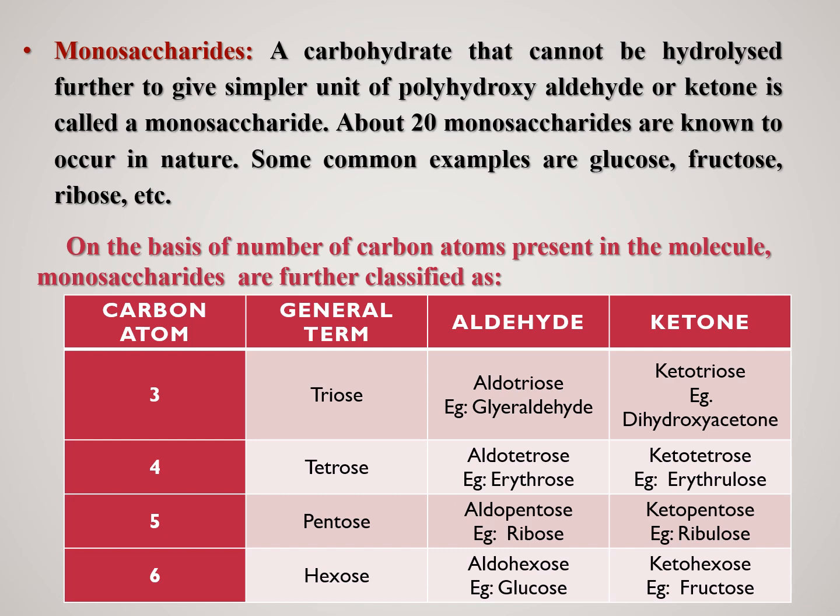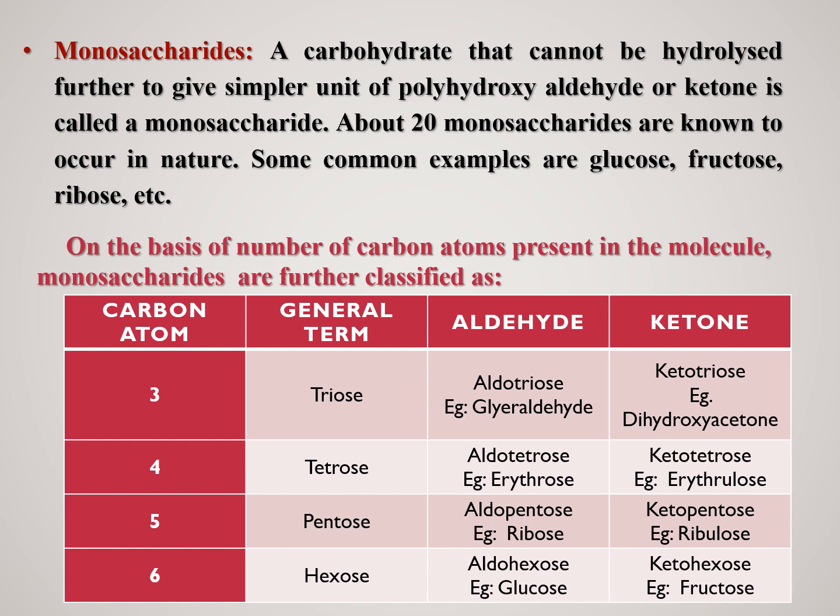If you have 3 carbon atoms, the general term given is triose, and if the compound contains aldehyde as the functional group, then it should be called aldotriose. If it has a ketone as a functional group, it is then called ketotriose.